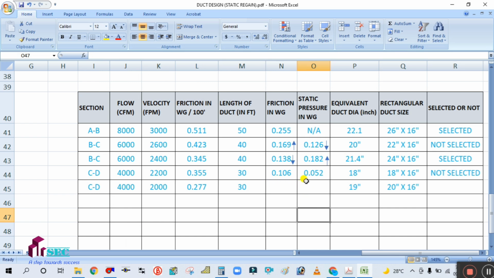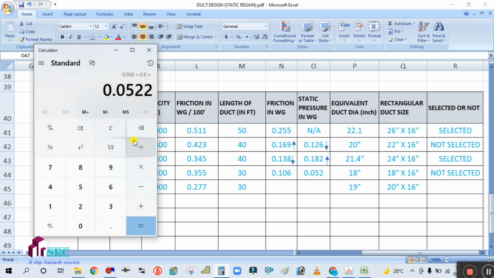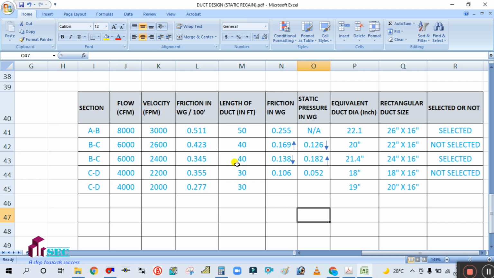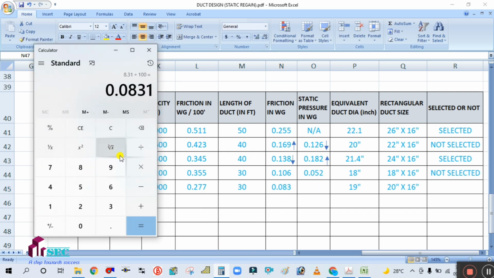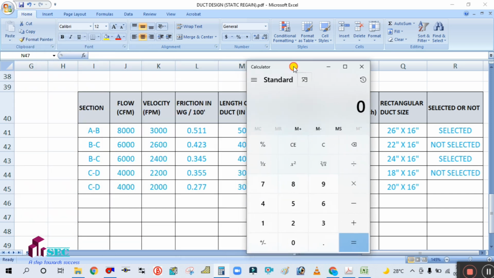Okay, so now we have to verify this friction loss for 100 feet. So for 100 feet, what will be your friction loss? So 0.277 into 30, divided by 100, 0.083. So here will be your 0.083. Okay, now we have to check the static pressure, static regain method. So what will be your V1?